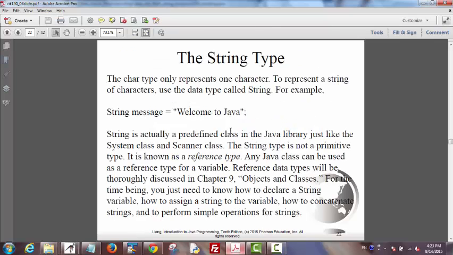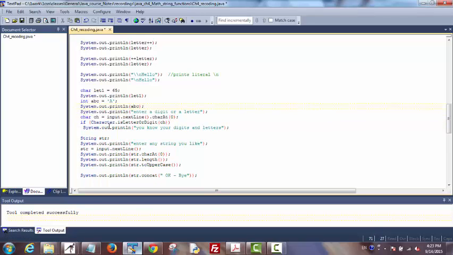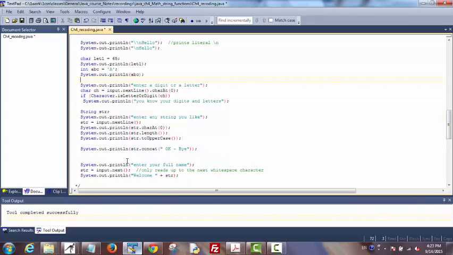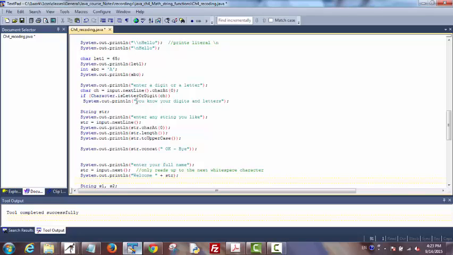Okay, so that's it. Let's just quickly, since we're here, double check something. We'll talk about this a bit later in this chapter, but in order to read a character from the keyboard, we can read the line and then look at the first character, or the character at position 0.